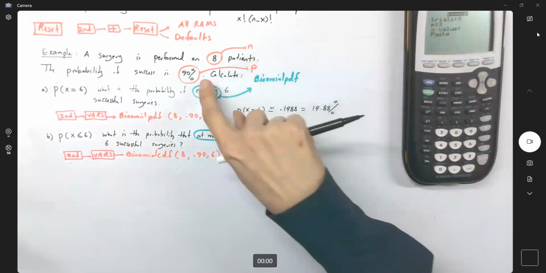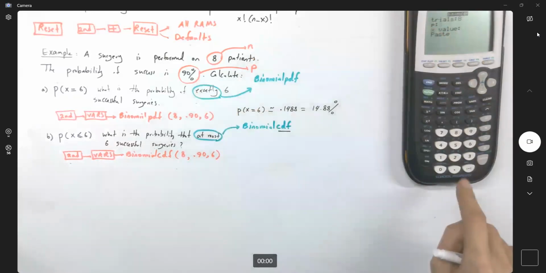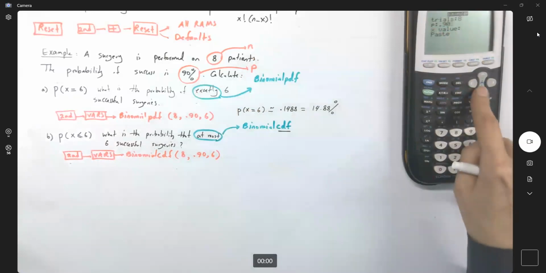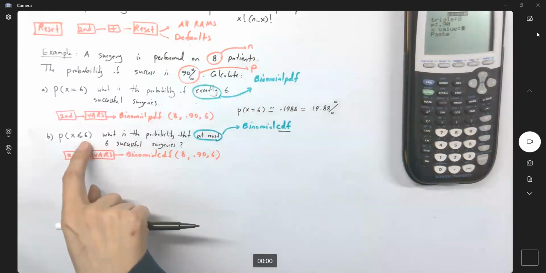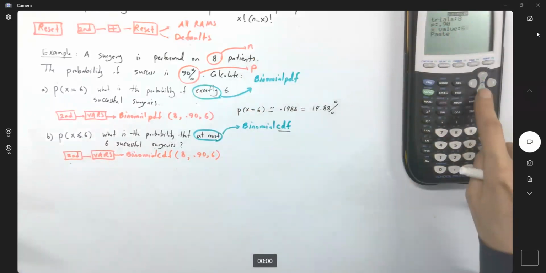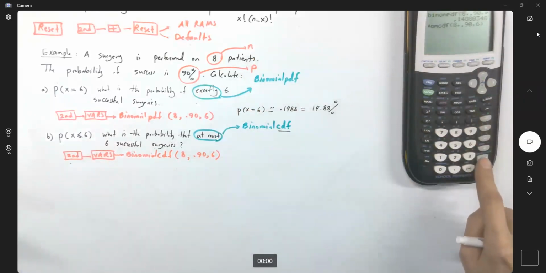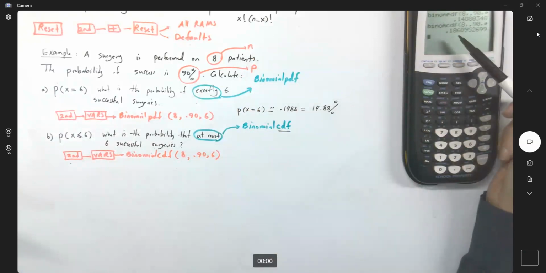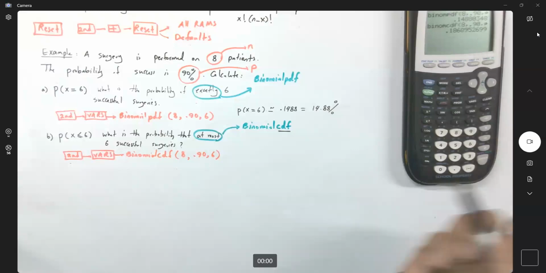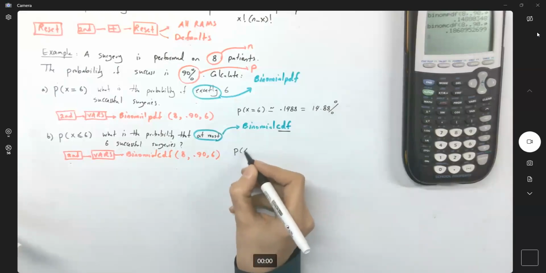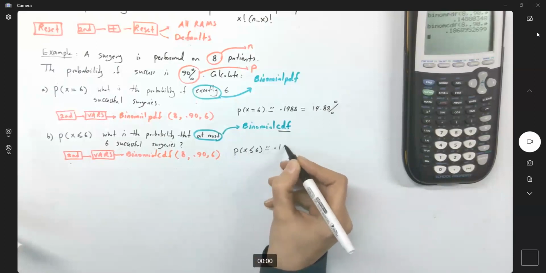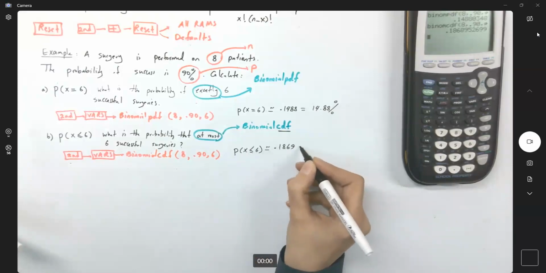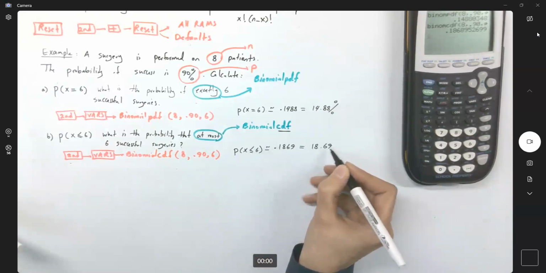Probability of success, 90%, it's fixed. The x value that we're going to enter is 6. So let us calculate. It's 0.1869. So the probability that x is less than or equal to 6 is 0.1869, or about 18.69%.